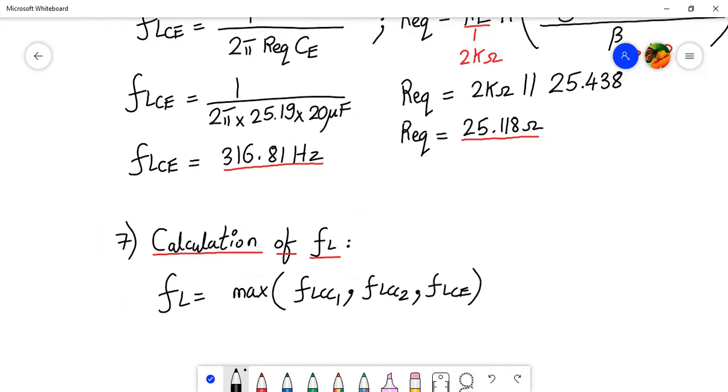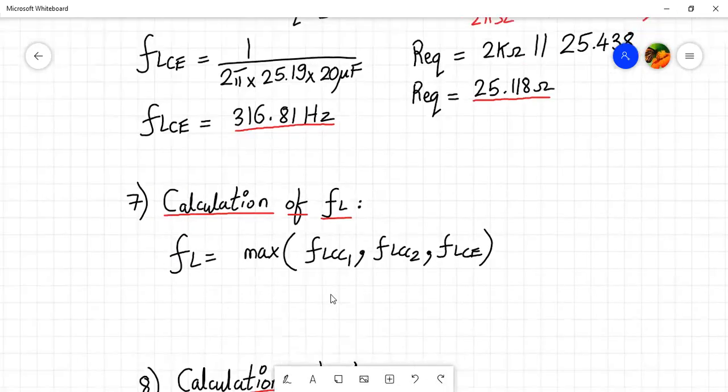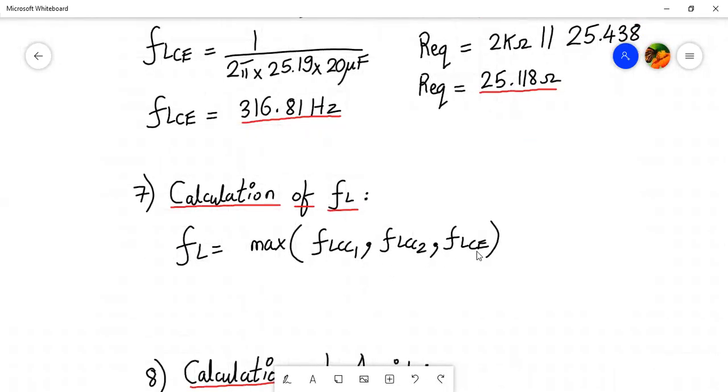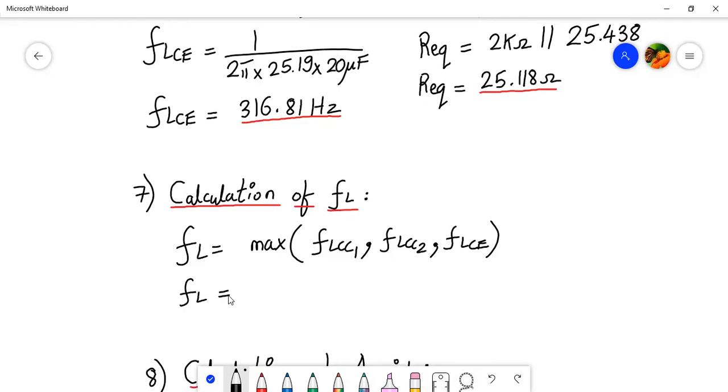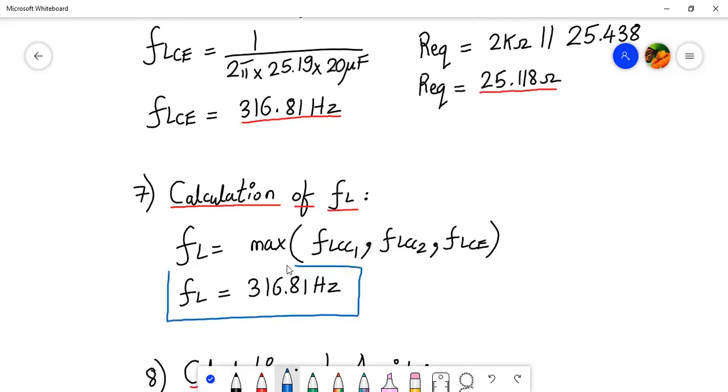Now it's very clear from our analysis that among the three values of FL of CC1, CC2, and CE, the value of FL of CE is the highest value. So over here we can say that FL is given by 316.81 hertz. Okay, the maximum value out of the lot. So let me put it inside the box because that is an important number. FL, the lower cutoff frequency.